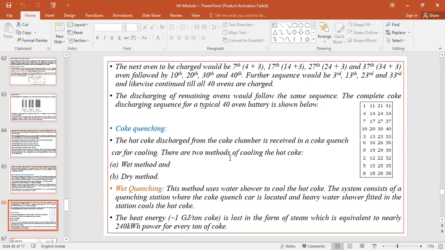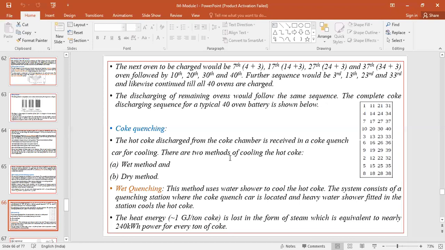But here, as the width of the oven is very small, the plunger will be exactly as per the height of the oven. We push with the help of a plunger extending vertically. That will be pushed from one end to the other end.